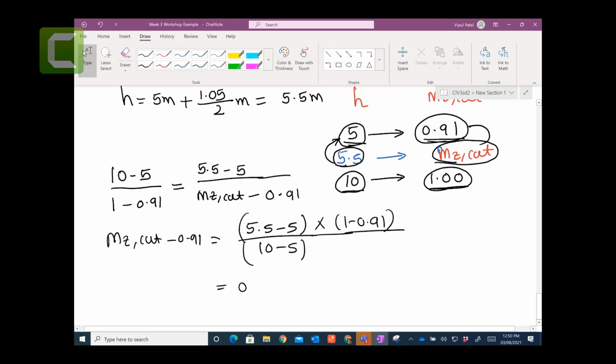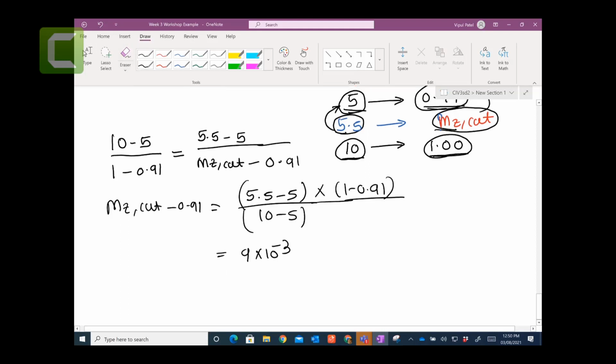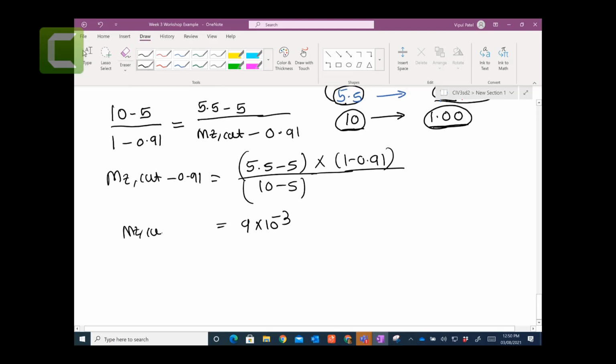You get 0.0092. That is okay, 9 times 10 raised to minus 3, and then you have Mz,cat minus 0.91. So you can calculate Mz,cat is equal to 9 times 10 raised to minus 3 plus 0.91.